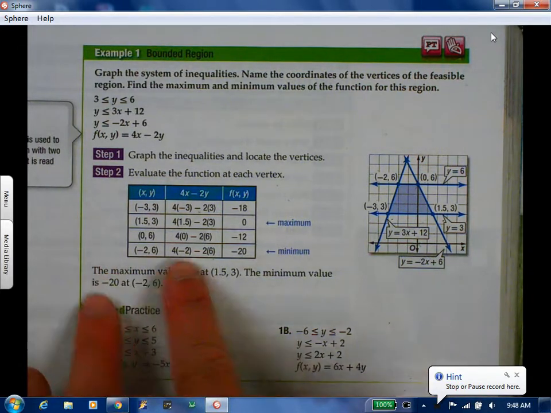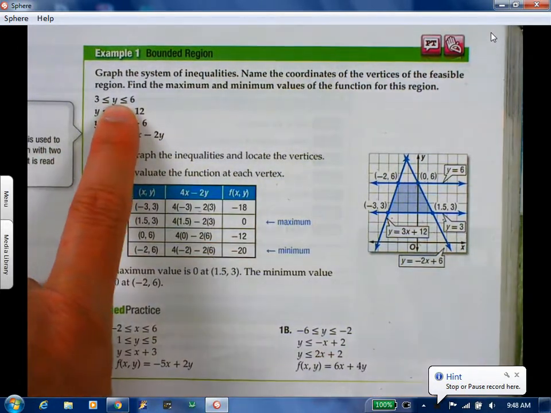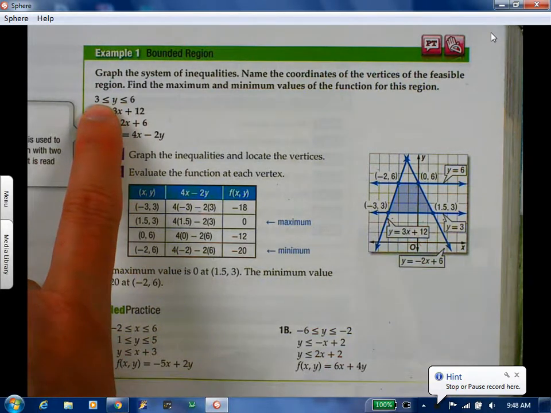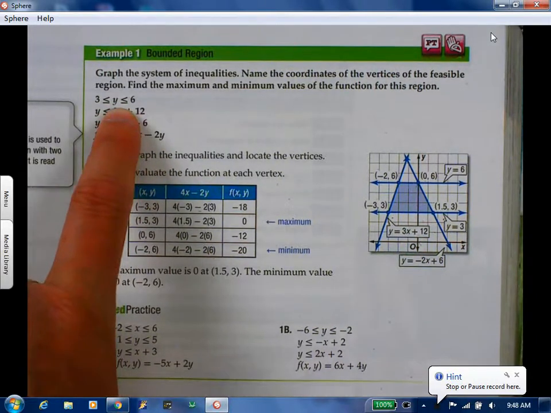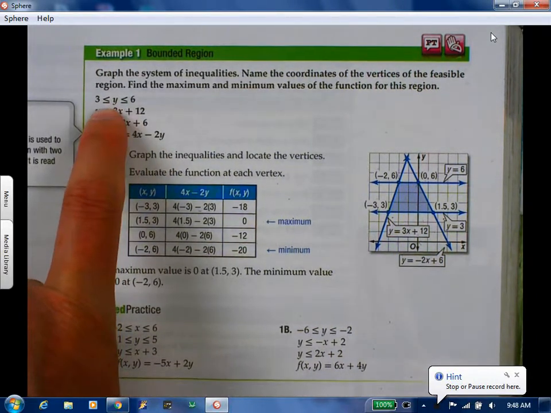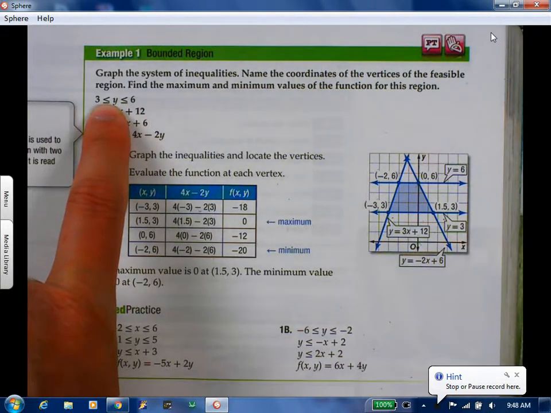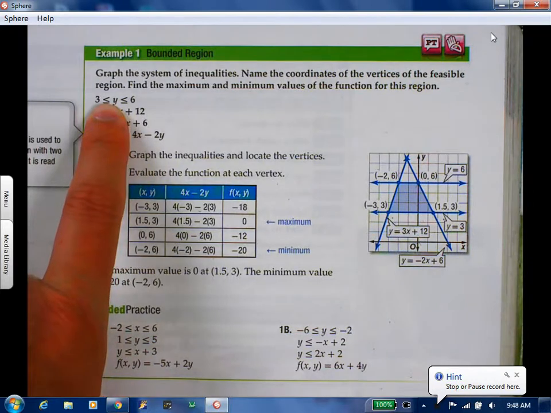Something else to point out, you see this first one right up here? We haven't seen anything like that before. But all it is, there's only a y, correct? Is there an x that you see up there? So if it's only a y, are they horizontal or vertical lines? Horizontal. There's y-intercepts.